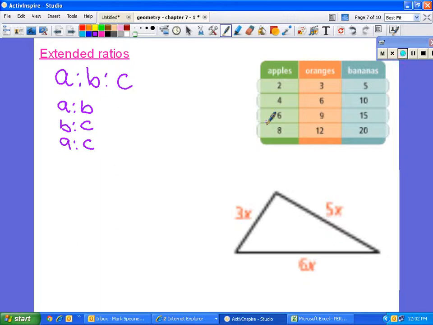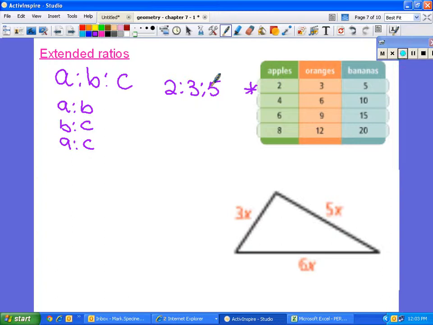Justin, how would I create an extended ratio for this line? What, 2, 3, right? Well, I want to make one extended ratio, just like this. Oh, so 2 and 5? Right. So I'm going to put 2 to 3 to 5.